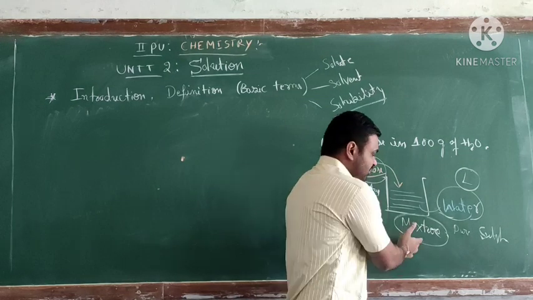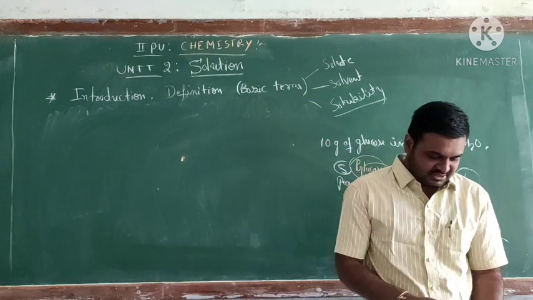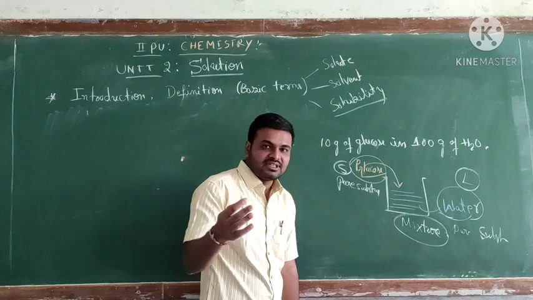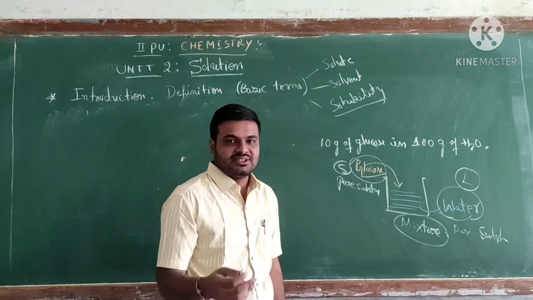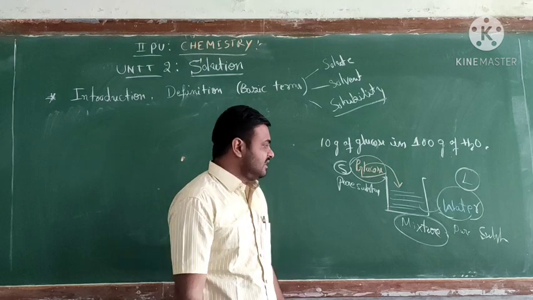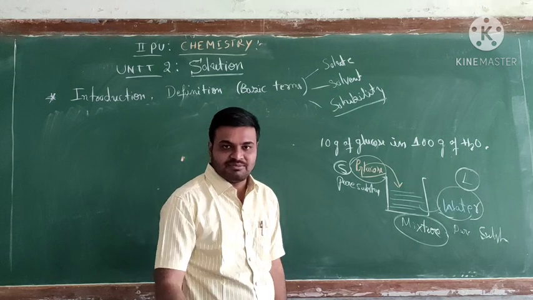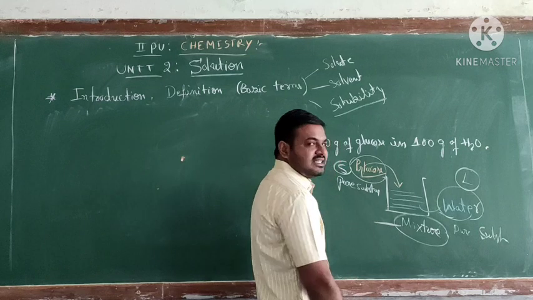What's the meaning of mixtures? They were classified in your first PUC, in the first unit of some concepts of chemistry. You already know the definition of mixtures and types of mixture. What are the types of mixture?